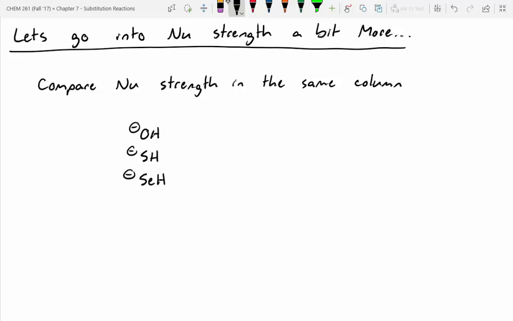All right, so if we think about it, which is going to be the most basic? Is it going to be hydroxide at the top or the selenium compound at the bottom? So basicity, right? Going back a little bit. Does it get more basic as we go up or more basic as we go down? And why?